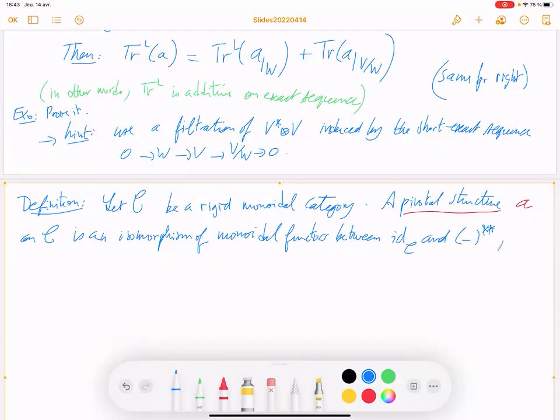So what's the meaning of that? Recall the notion of monoidal functor and isomorphism between monoidal functors.